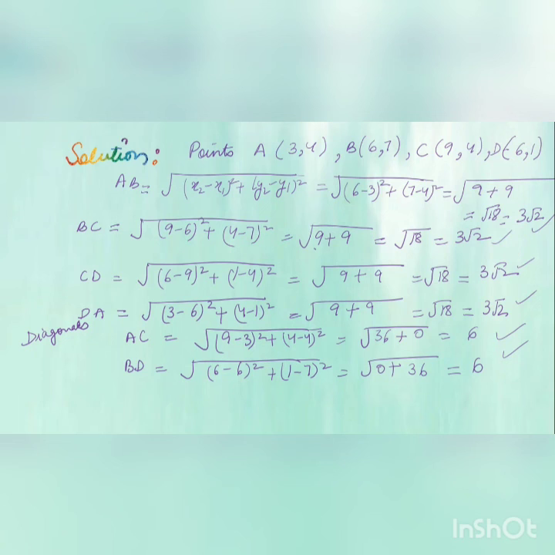So you can say, since AB equals BC equals CD equals DA, all sides are equal, and AC equals BD, that is diagonals are equal, your ABCD is a square.